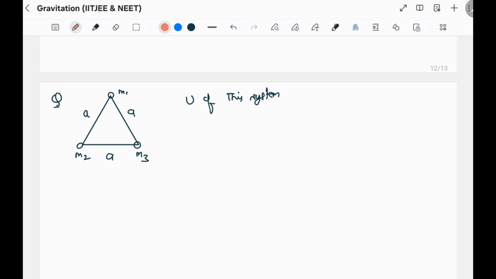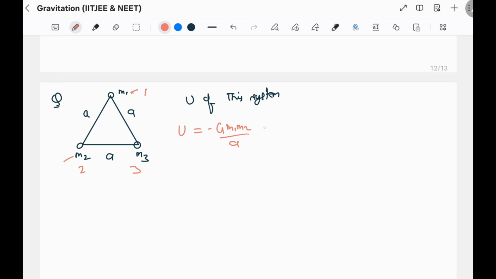To find potential energy we will take a single pair. If you take these two, what will be its energy? You can name them 1, 2, 3. So potential energy between 1 and 2 will be minus G m1 m2 by a.